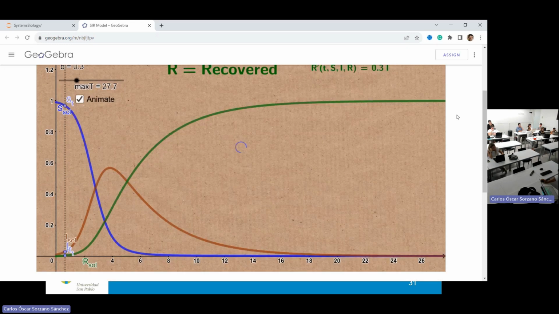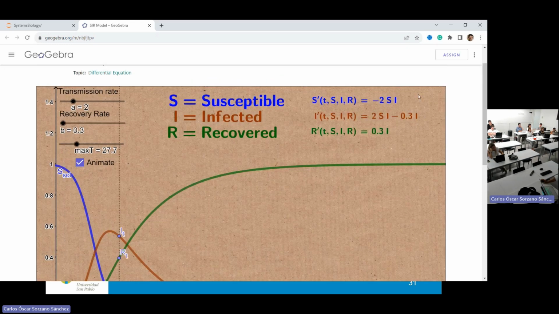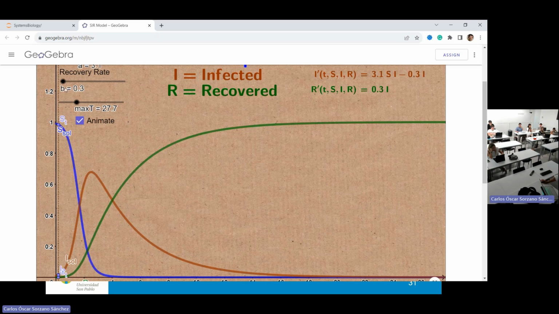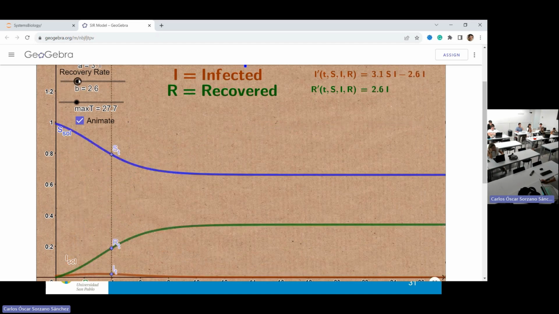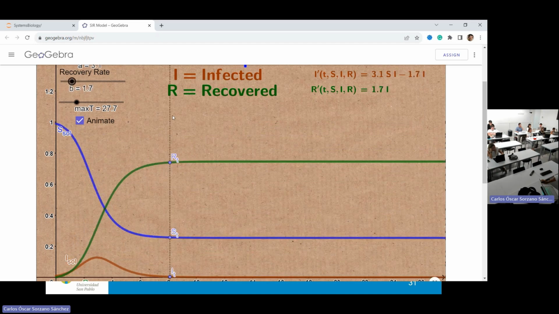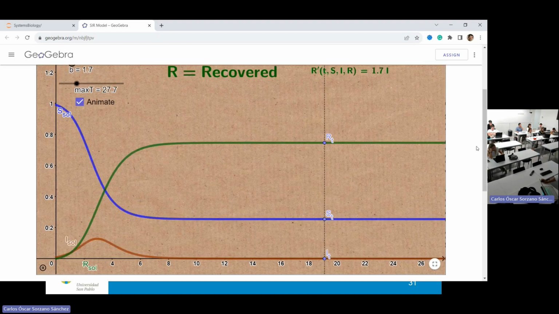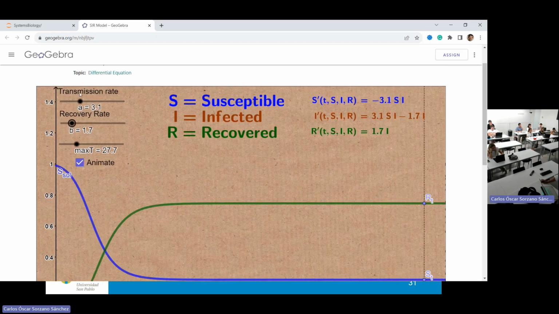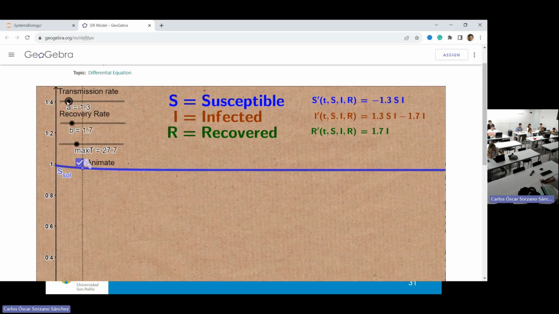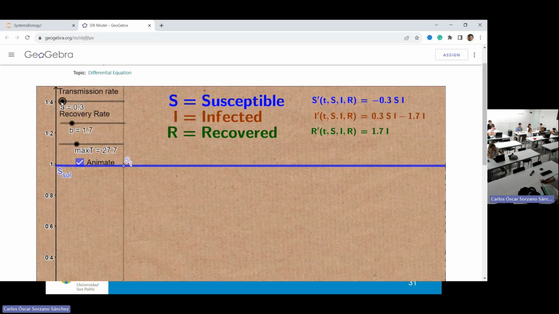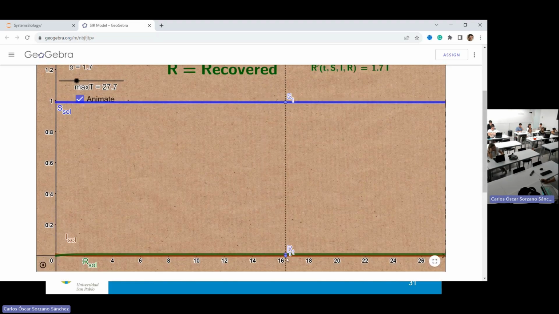This is the same model that I was showing. Here we have the same kind of equations, and here we have values for those parameters. Then you can change it, you can change the recovery. For instance, if you move the transmission rate to zero, which is why we were isolated, then very few people get infected.